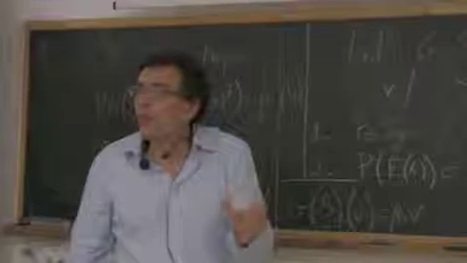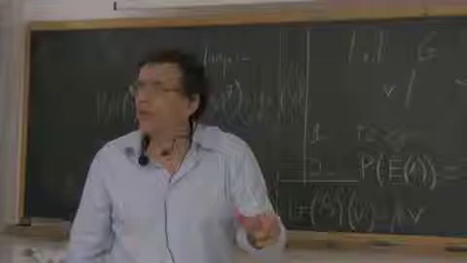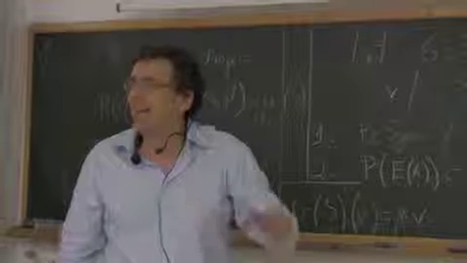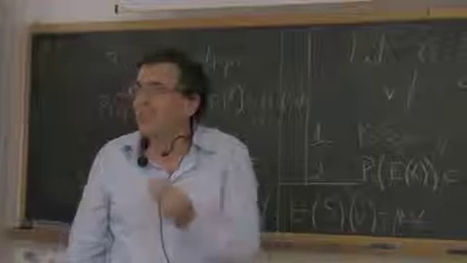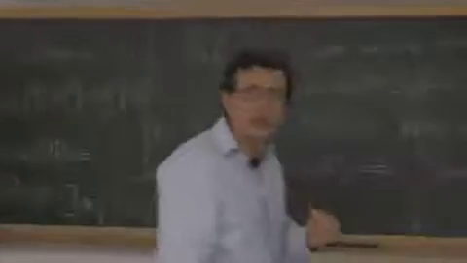So isotropy is preserving the set of eigenvectors. This is the crucial point of all our story. Okay?